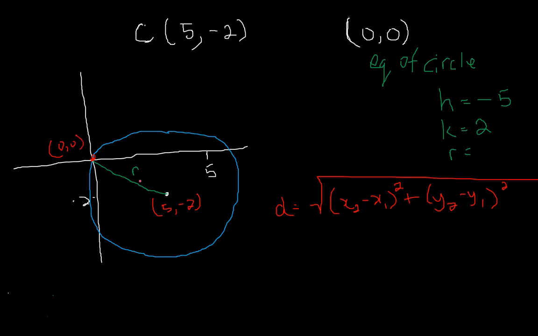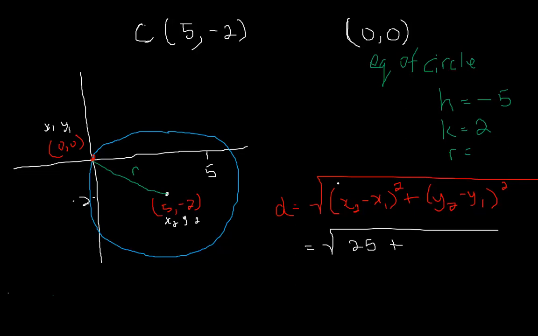So we could find the length of R by just subbing in the values. So I want this to be x2 and y2, and I want this to be x1 and y1. Remember, they're interchangeable, so it doesn't matter. Okay, x2, which is 5, minus x1, which is 0. So that's 5 squared. 5 squared is 25. Plus y2, which is -2, minus y1, which is 0.